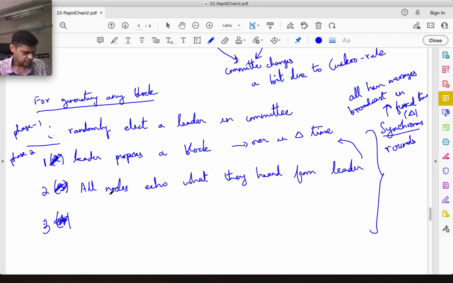So what do they do in round 3? If an honest node receives more than one block, okay, when it's heard everything, if it hears that the leader has been cheating, then it's going to send a dummy, a sort of default block indicating that something was wrong, right? That the leader was cheating.